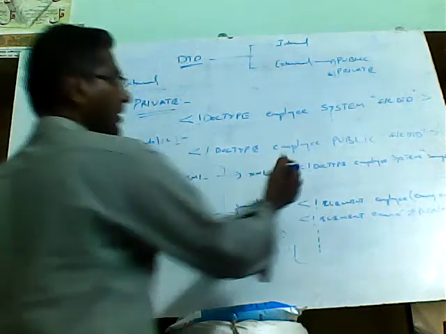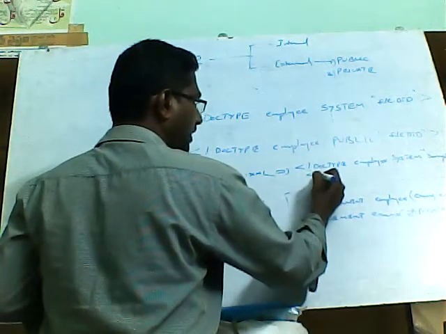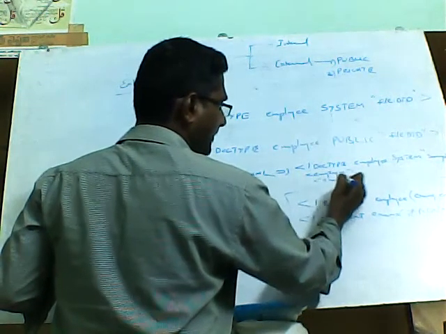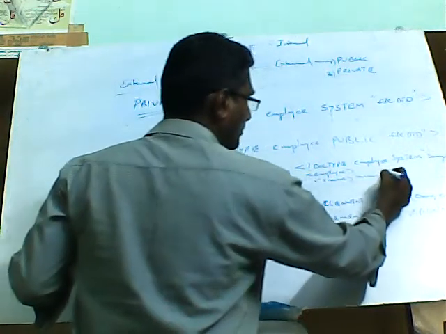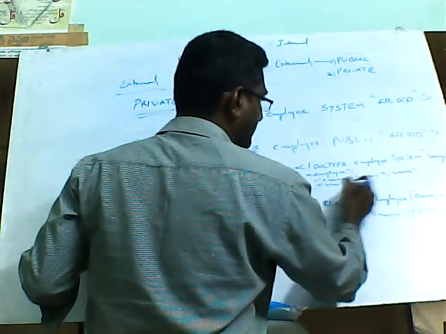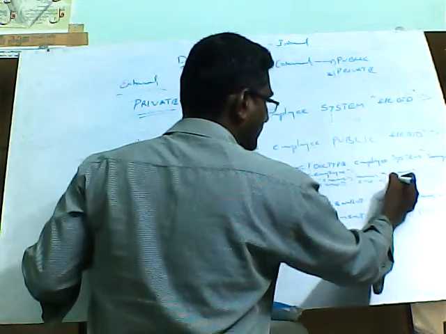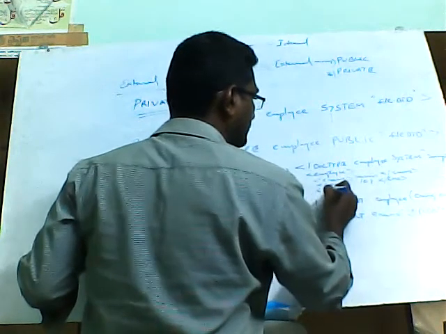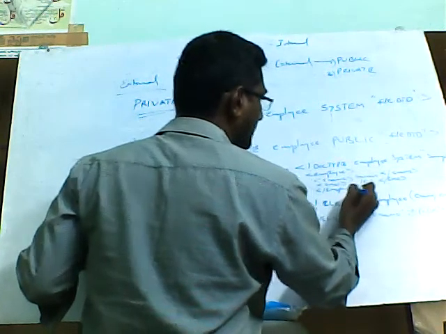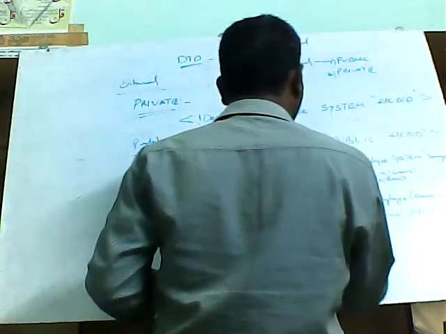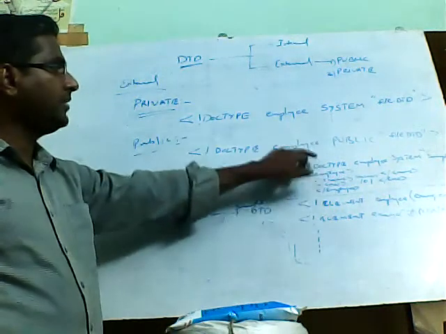Then the normal XML code: employee, name, run, then employee name close, employee number 101, employee number close, employee close. This is the code. So in the XML file, just this line only will change.